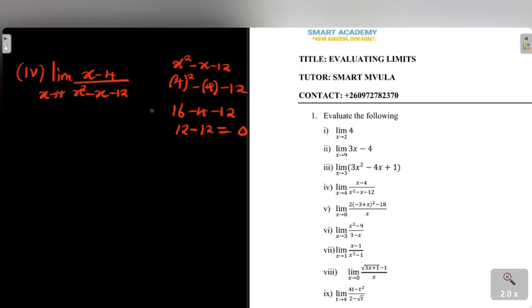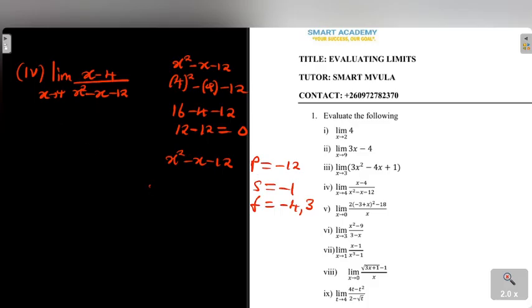So if we have this, we need to factorize the denominator. The denominator is x squared minus x minus 12. So we'll get the product, sum, and the factors. The product is negative 12, then the sum is negative 1. Then the factors, we are going to use negative 4 and positive 3.